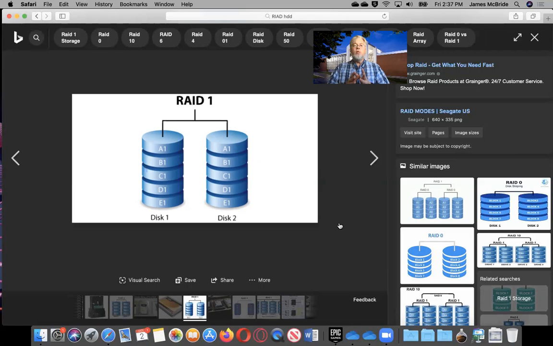And some of you, if you're thinking ahead, you may be thinking, well, can't you mirror something in Windows? Couldn't you just create a volume in Windows that covered a bunch of disks? And the answer to that is yes. Yes, indeed you can. But when it's RAID, it's down lower into the system.